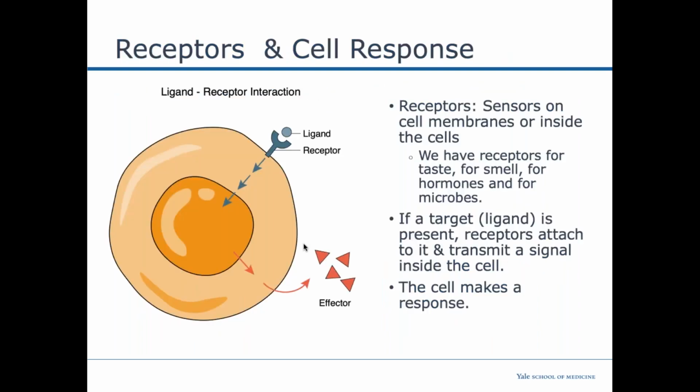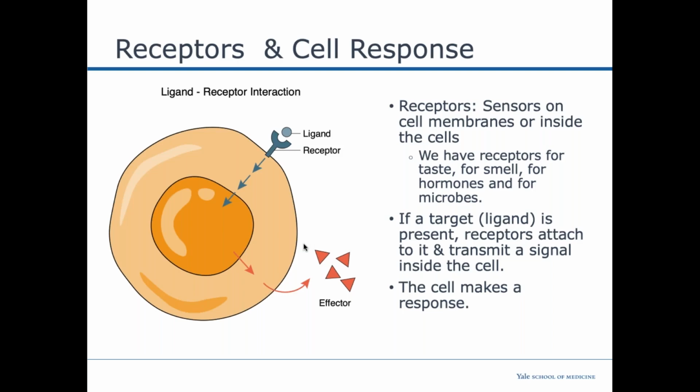So first, let me define a receptor. We have receptors on the outside of cells. You can see a cell here with the nucleus, and you see an image of a receptor. We have receptors for taste, for smell, for hormones, and for microbes. The first discovery of receptors for microbes, classes of microbes, was recognized by a Nobel Prize.